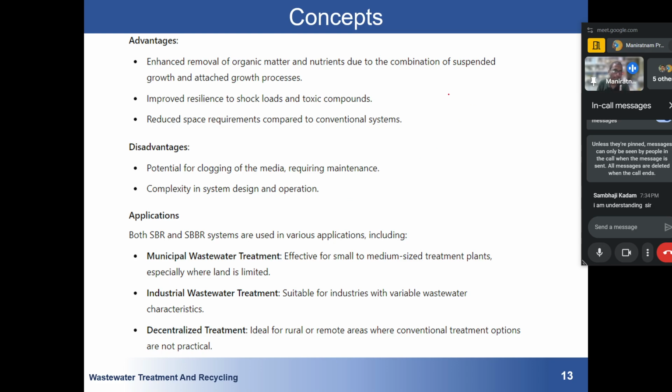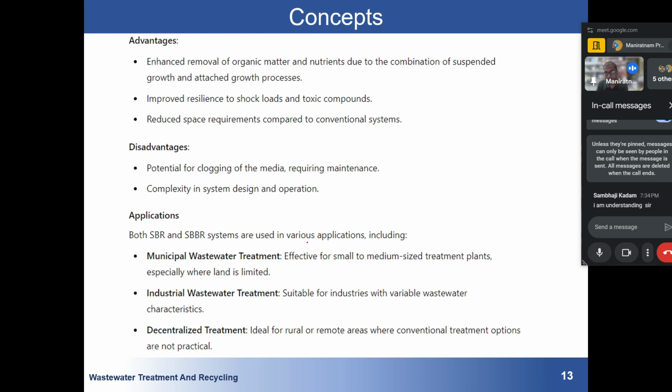Wherever we are using some kind of media or membrane, a high maintenance cost is required, because you have to regenerate those membranes, and they easily become non-operational, so you have to take proper maintenance.